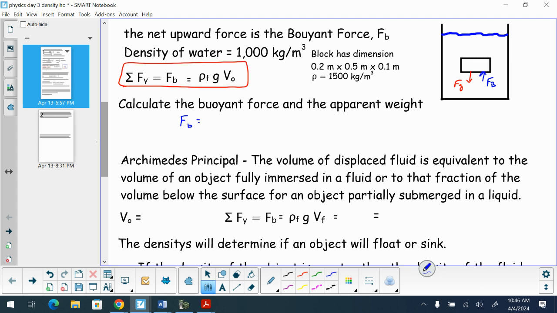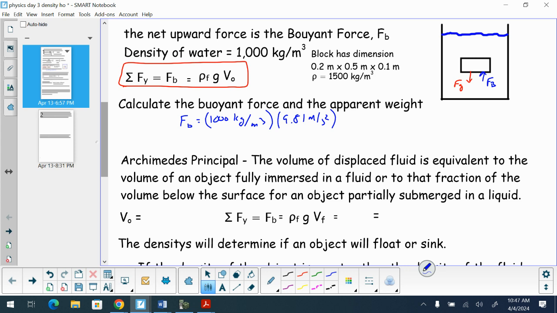The fluid that we have is water, whose density is 1,000 kilograms per meter cubed. We have gravity, which is 9.81 meters per second squared. And then we have the volume of the object, so we have to find the volume of this object. We have a block here with dimensions 0.2, 0.5, and 0.1 meters.